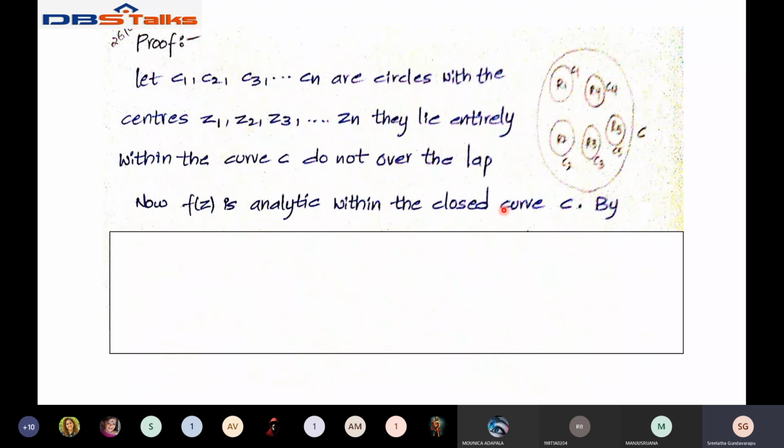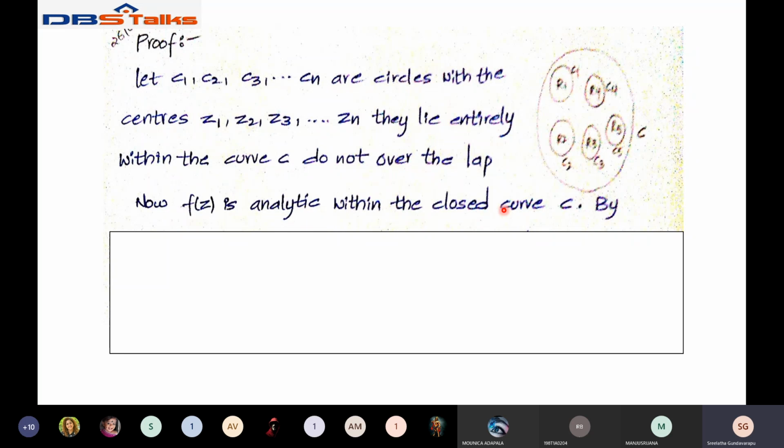Proof of the theorem: first take the closed curve C, and let C1, C2, C3 and so on Cn be circles within the curve C with centers z1, z2, z3 and so on zn.